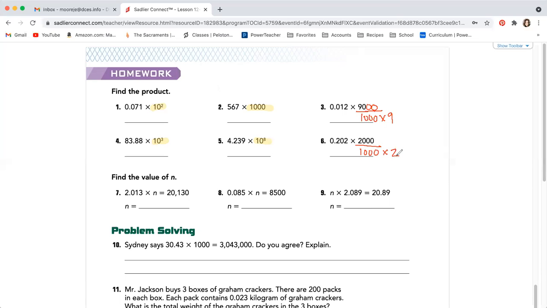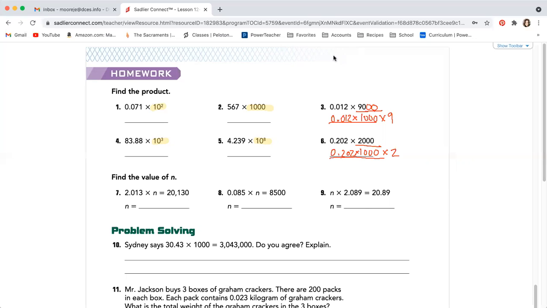Times 2. Yep. We just drop down the rest of the expression so that we can kind of go after it with order of operations, right? Good. So we got those structured. 7, 8, 9 are good. Number 10's good.